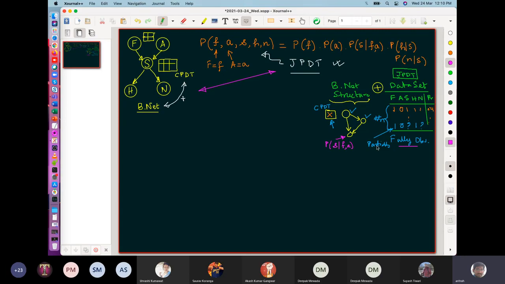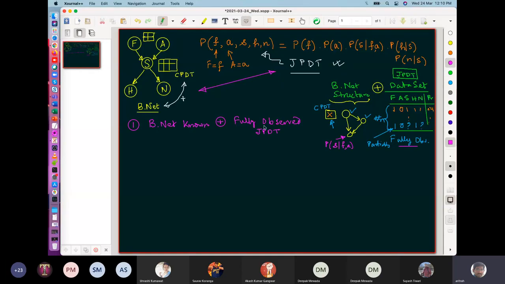So we will try to tackle them one by one, and we will see that one kind of algorithm particularly fits many of these. The first problem is that I have a Bayesian net which is known, plus I have a fully observed joint probability distribution table.